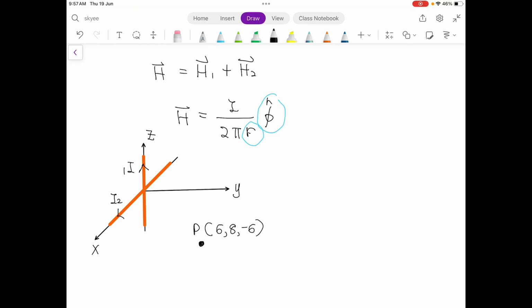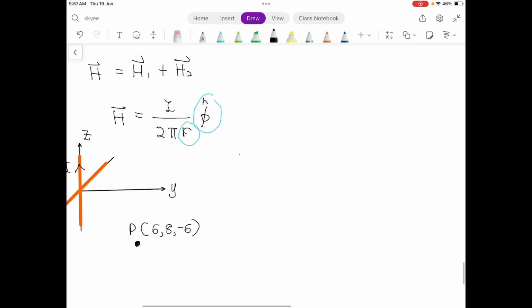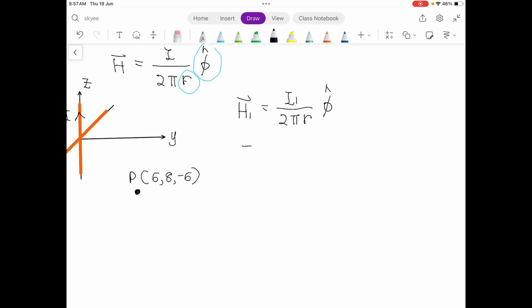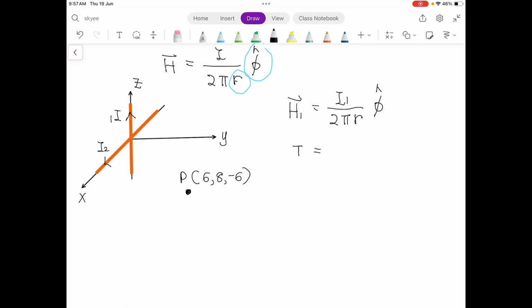Now let's find H1, the magnetic field due to I1. So we have 2 pi r and phi. The first step is always to find the point T, which refers to I1.